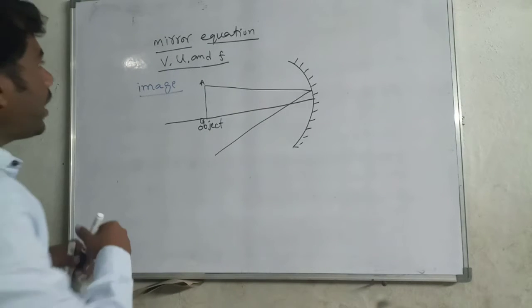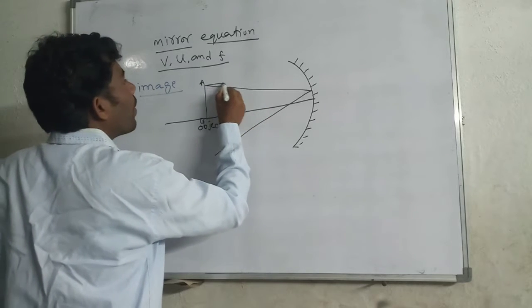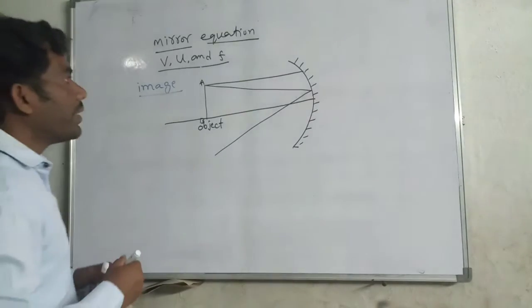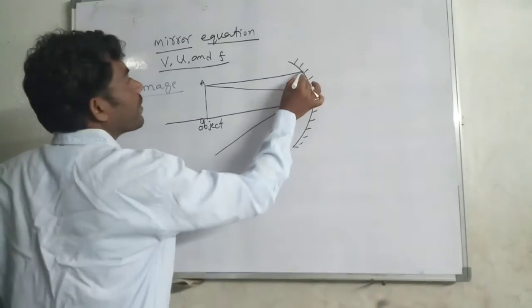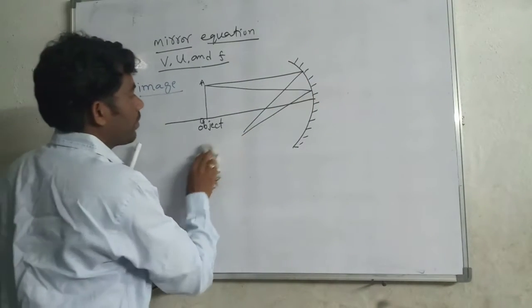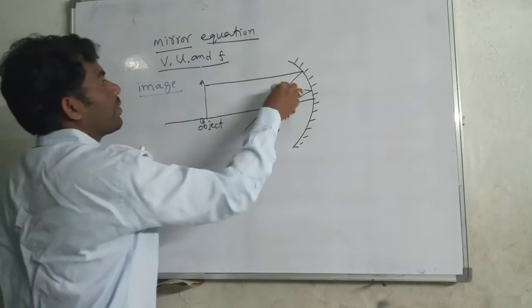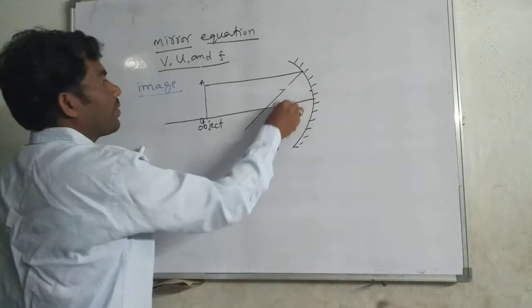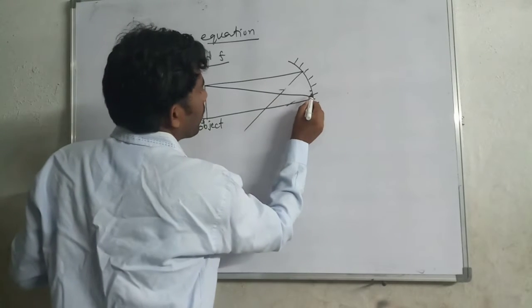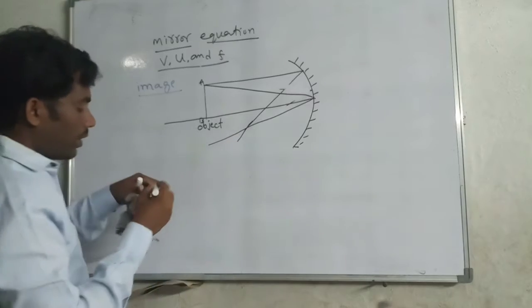Another ray is also emitted from A and incident on the mirror, and it is reflected.